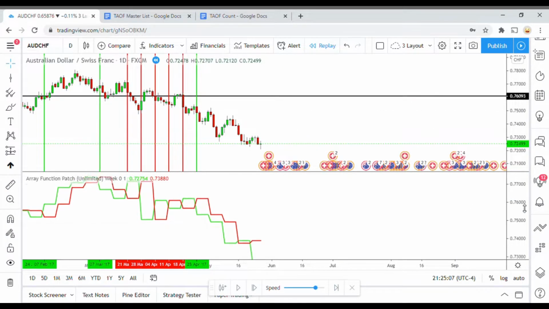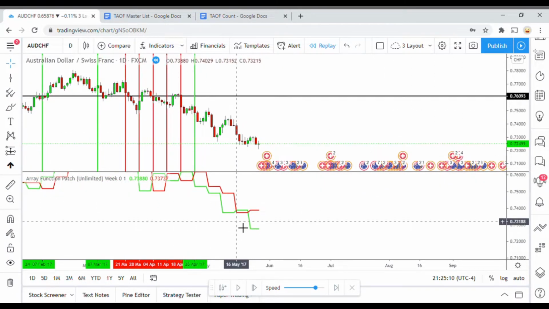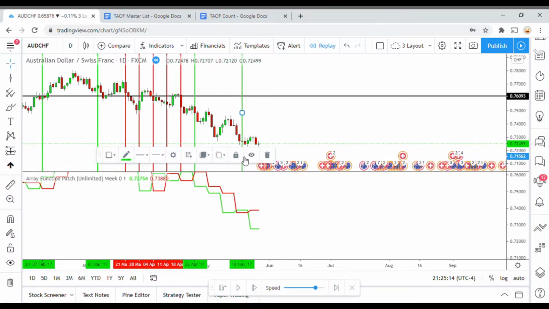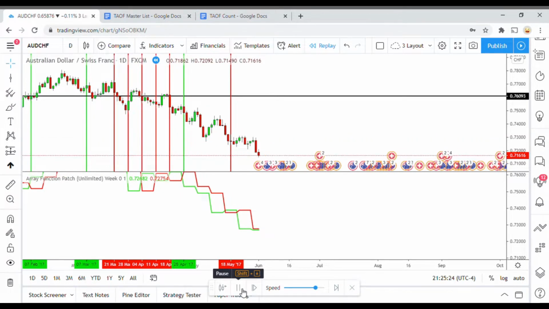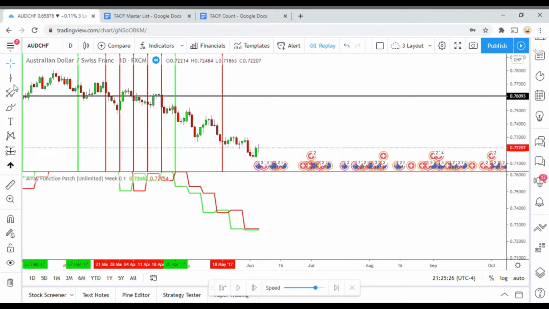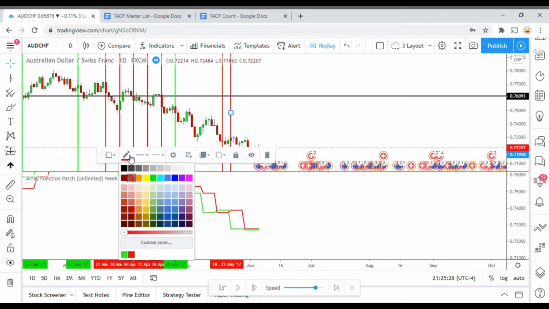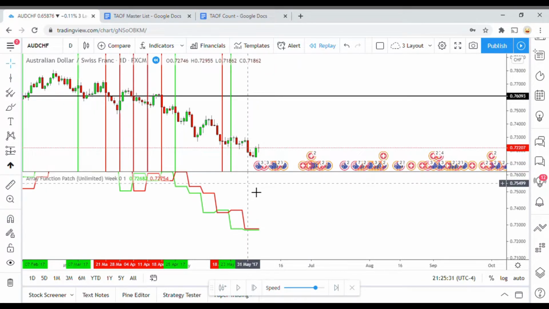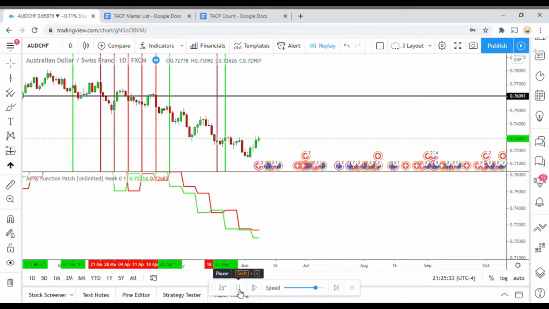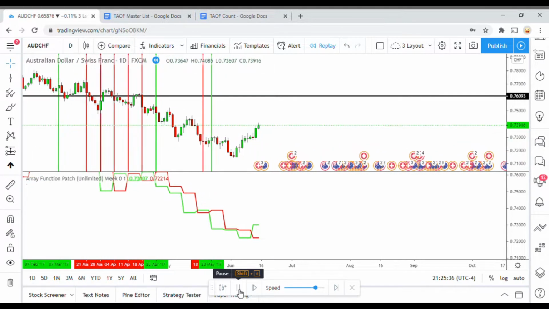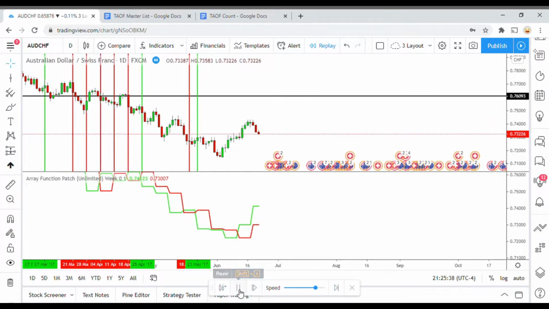We picked up a long signal down here, right there. Definitely didn't get us any kind of a move before it then switched to a short. That one got us take profit. There's a long right there.